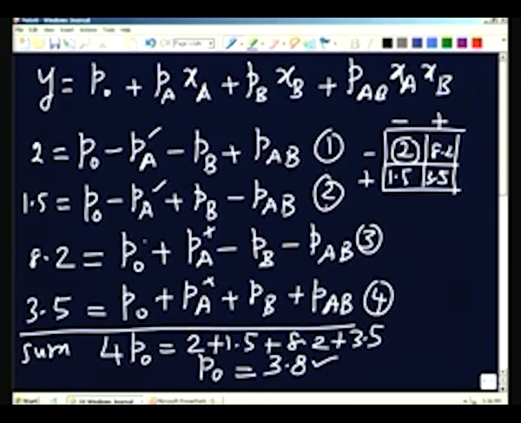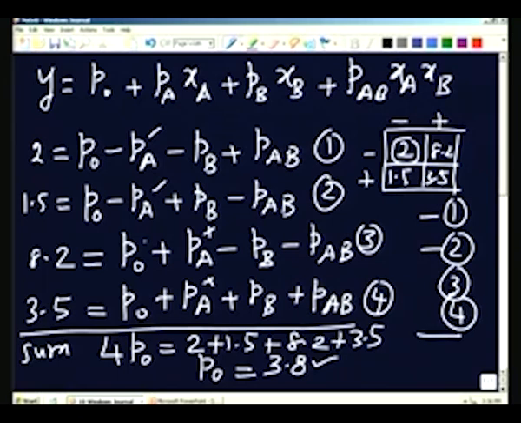By adding equations 1, 2, 3, 4, I was able to get the average. Now, you notice that if I want to find the value of P a, I have to make this plus, I have to make this plus, right. So, I will take minus of equation 1, minus 2, 3, 4. What will happen if I do that?